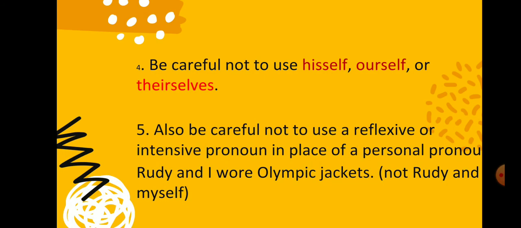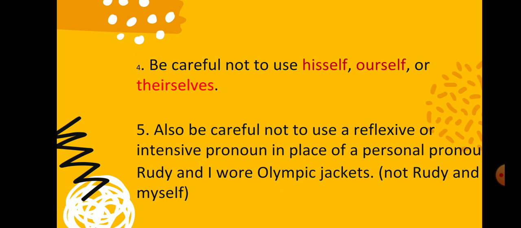Number 4, be careful not to use hisself, ourself, or theirselves. They don't exist. The words hisself, ourself, or theirselves don't exist. That is incorrect. And number 5, also be careful not to use a reflexive or intensive pronoun in place of a personal pronoun.